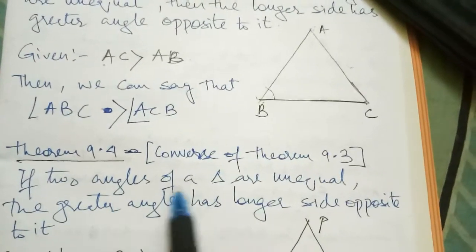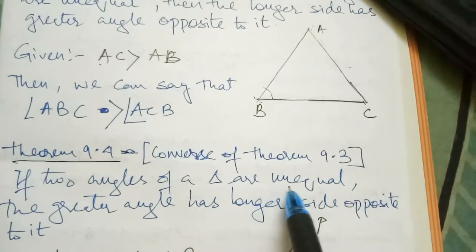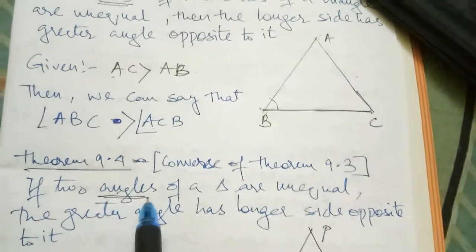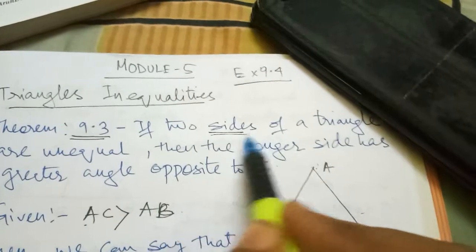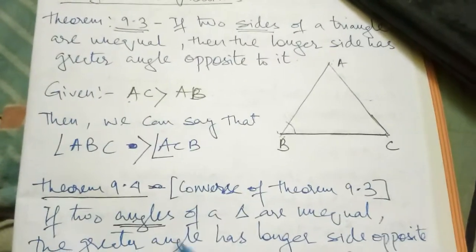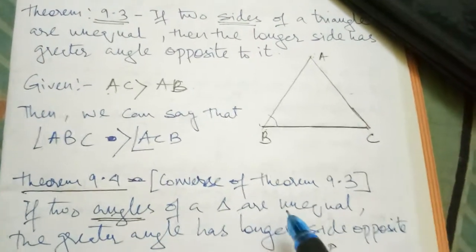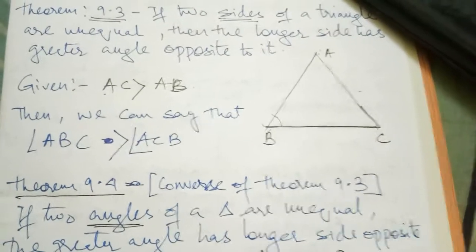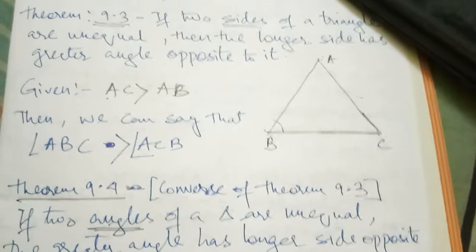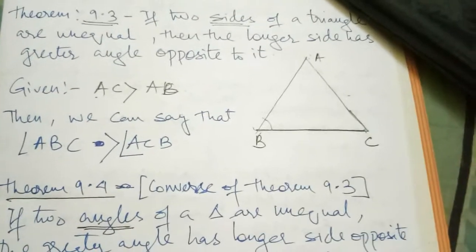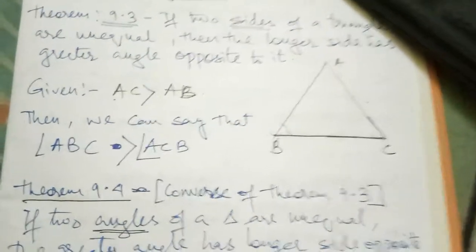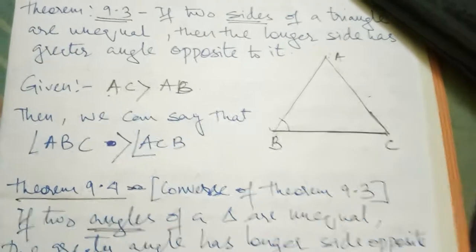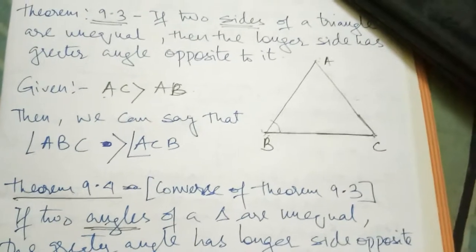If two angles of a triangle are unequal, now it is given angle, and in the above it was given side. Now it is given: if two angles of a triangle are unequal, the greater angle has the longer side opposite to it. That means whichever is the greater angle, the opposite of that greater angle will be the greater or longer side.